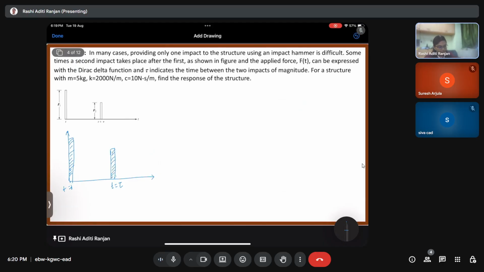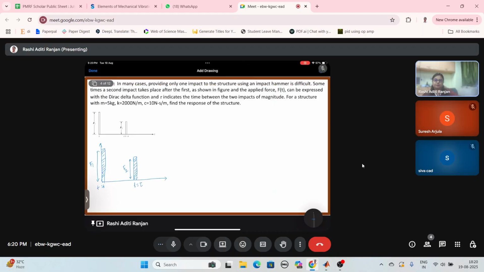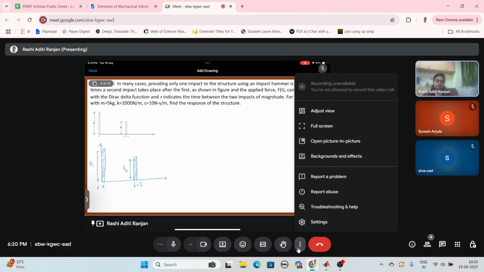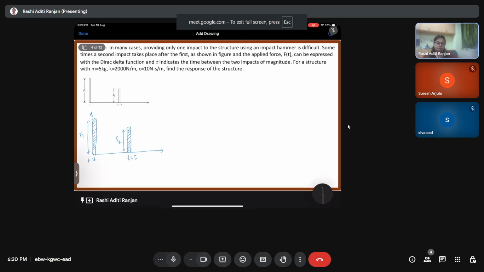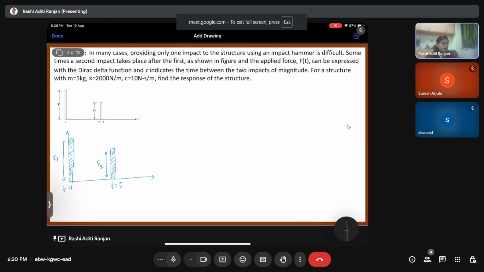Okay, and then we have the value of F1 and F2. Okay, so now if this is the case, how are we going to find the solution?